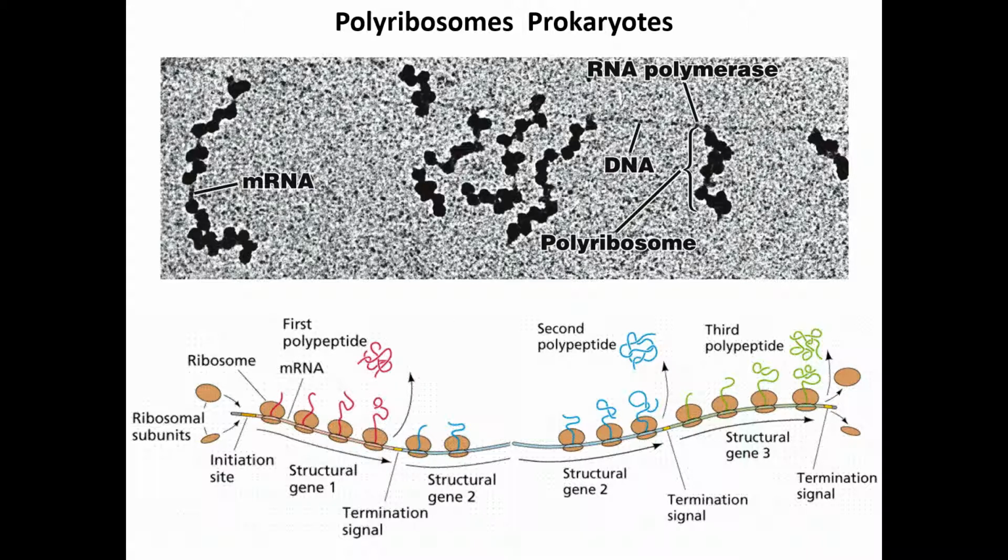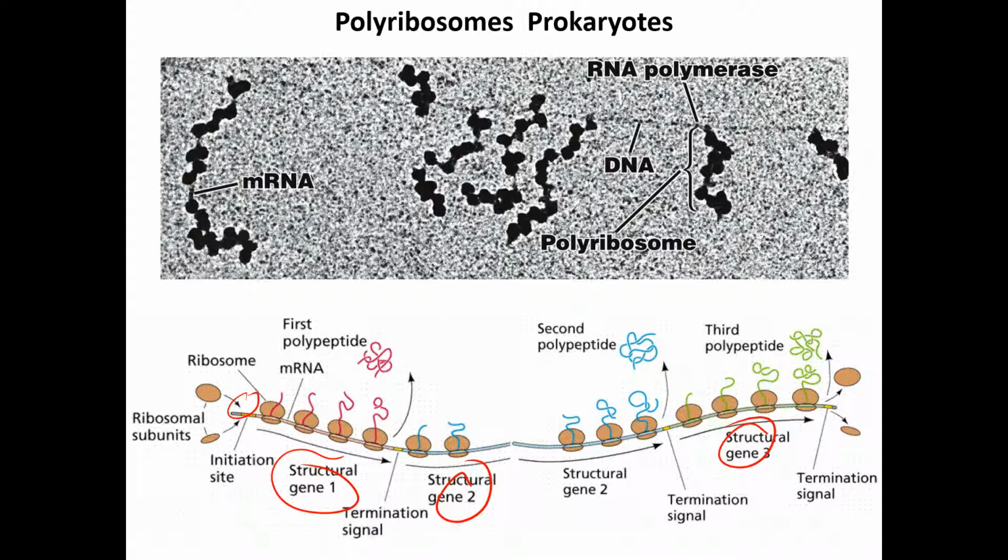Alright, so here, this is showing you a polyribosome. You have your messenger RNA here, and you have your ribosomes that are docking, and they're each in different stages. Now here, look, for this messenger RNA, you have structural gene 1, 2, and 3.